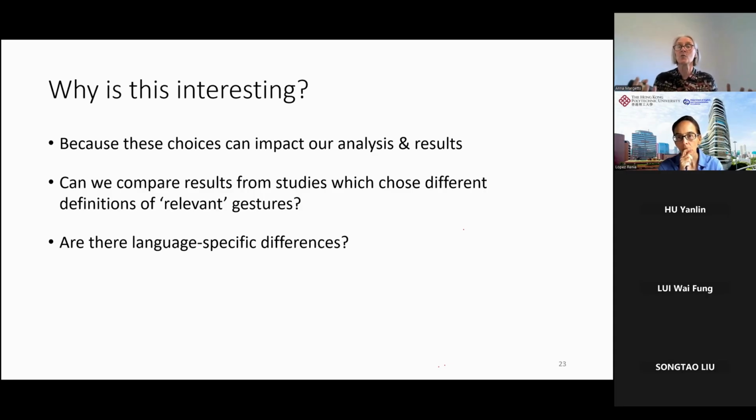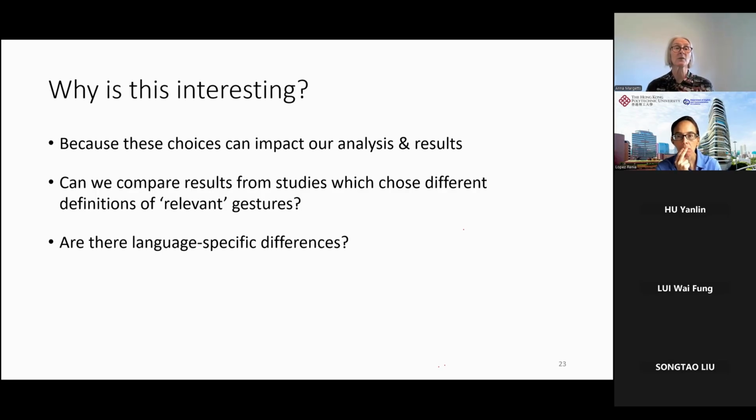Or do we have to assume that they really do very different things? And do studies tell us exactly what they've done in terms of their gesture inclusion? And always the question we are following up is also, are there language-specific differences and different impact by the condition choice? So we were convinced it was interesting.